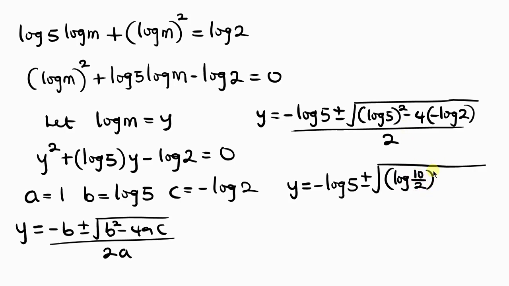And this is raised to power 2. Now minus times minus gives plus. Then 4 times log 2, we have 4 log 2 all over 2.